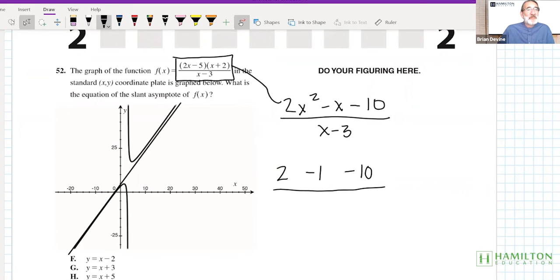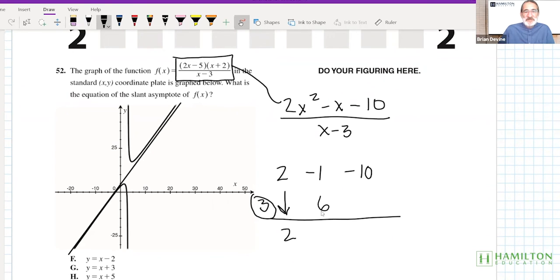Pardon me. But I'm going to take 3, which would make x minus 3 zero, and synthetically divide. So I drop my 2. 3 times 2 is 6. And 3 times 5 is 15. And I toss out my remainder, and my line then becomes 2x plus 5.